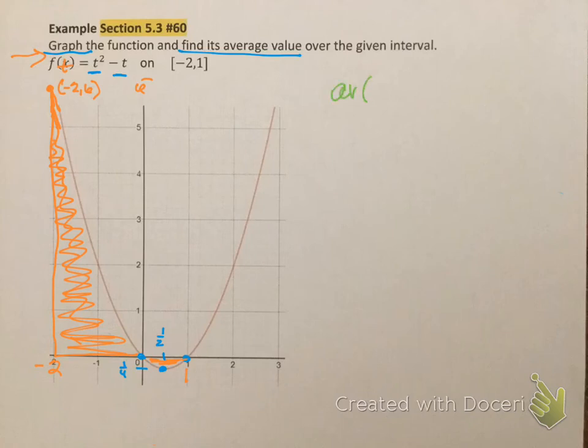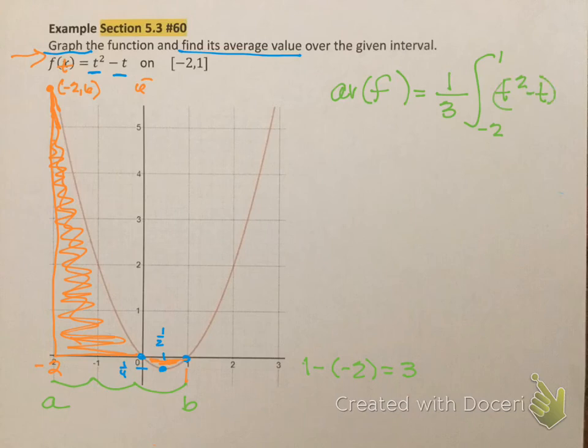So the average value of my function is, all right, I'm supposed to divide by 1, 2, 3. Remember, this is b, this is a, so it would be 1 minus a negative 2. That's 3 units. I am taking my integral from negative 2 to 1 of t squared minus t dt.